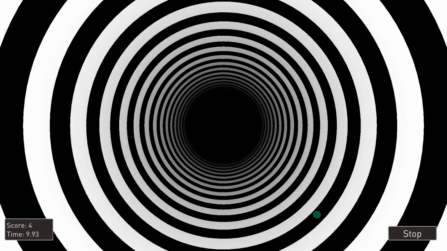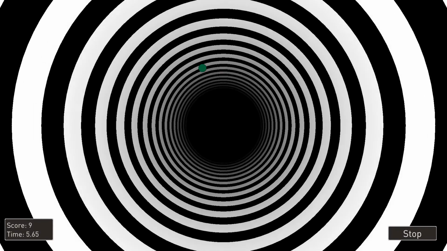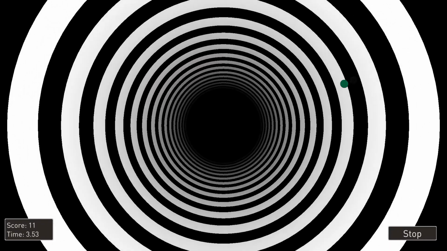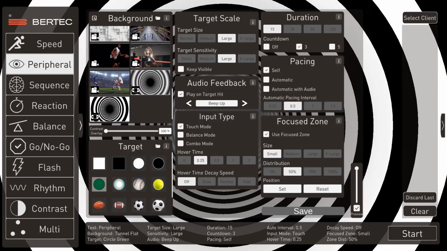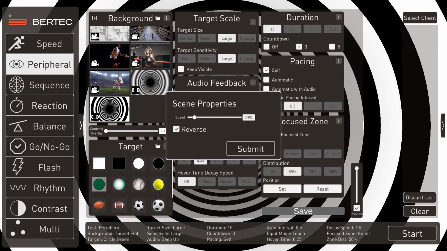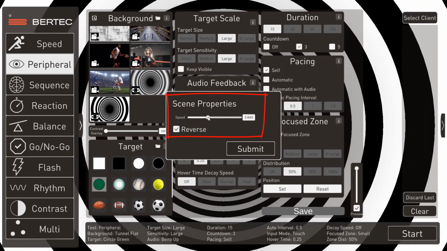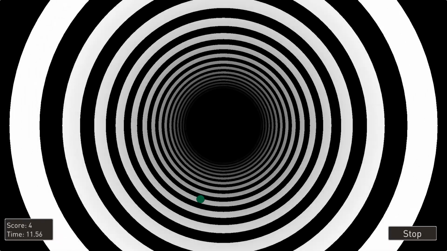When we refer to these as optic flow, this is really how it happens when you're moving forward. Things go from central to peripheral, and they get larger as they do that. And again, we'll increase the speed, and you see how much more of a challenge this is.